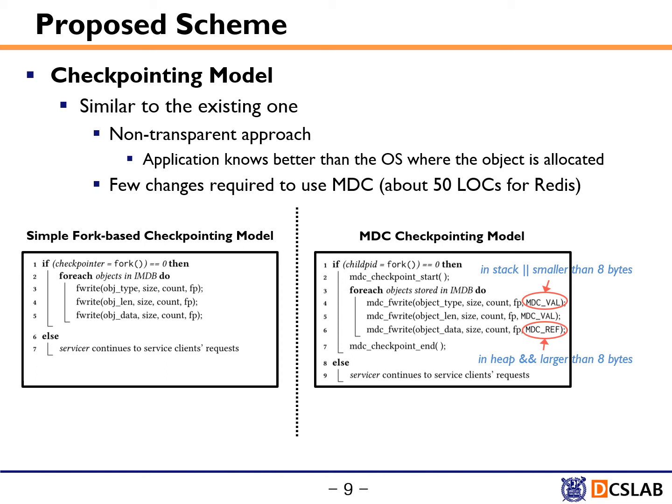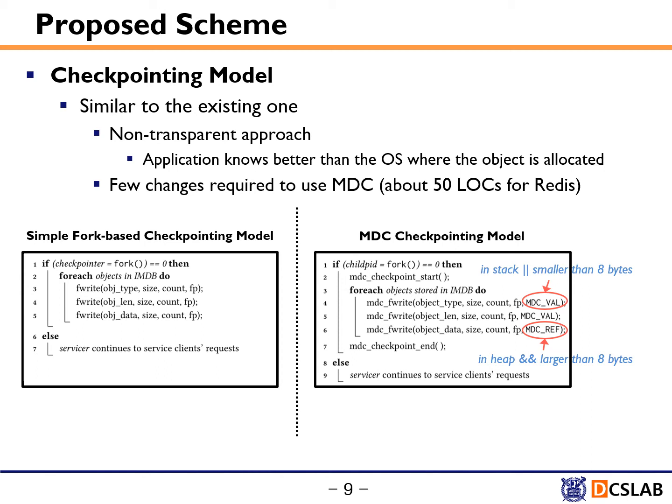MDC app write requires one more argument representing the checkpointing type. With the MDC value type, MDC app write works the same way as app write. While with the MDC reference type, MDC app write writes the address of objects instead.